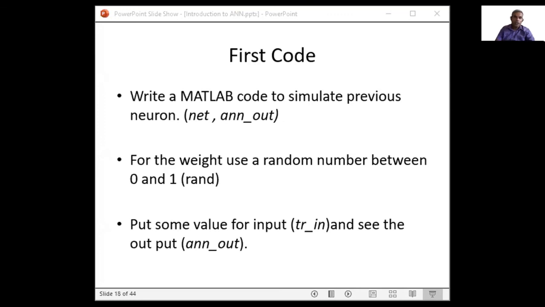Assign 1, because in neural networks we always use numbers. So you get either 1 or 0.